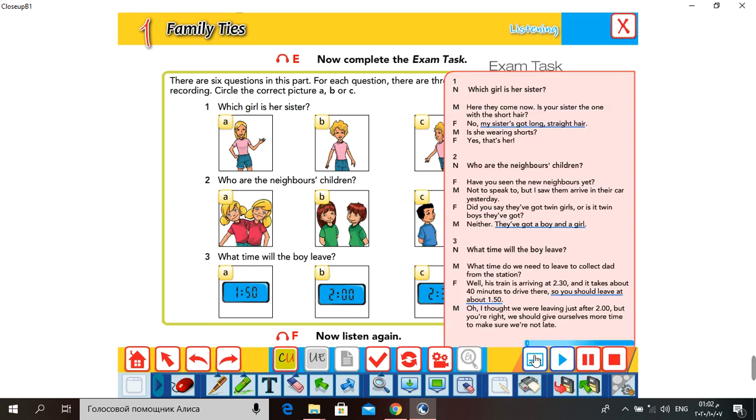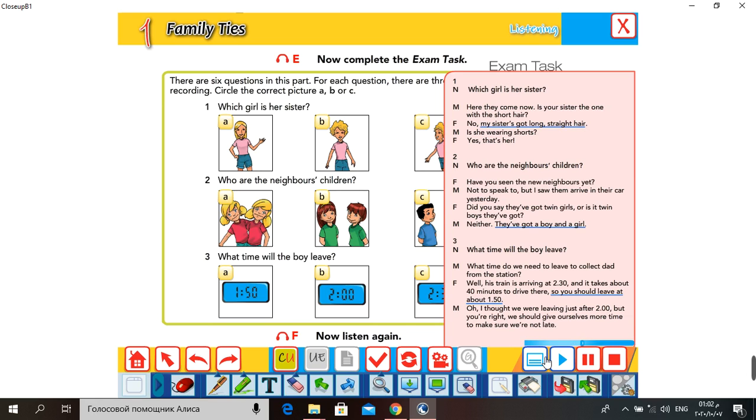1. Which girl is her sister? Here they come now. Is your sister the one with the short hair? No, my sister's got long, straight hair. Is she wearing shorts? Yes, that's her. 2. Who are the neighbours' children? Have you seen the new neighbours yet? Not to speak to, but I saw them arrive in their car yesterday. Did you say they've got twin girls, or is it twin boys they've got?